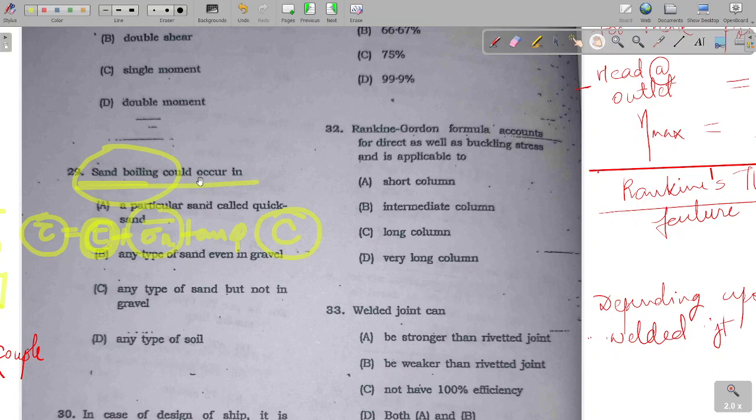But in case of fine sand and coarse silt, the permeability is very less, so there will be a buildup of seepage pressure, and because of it, there will be a sand boiling condition.